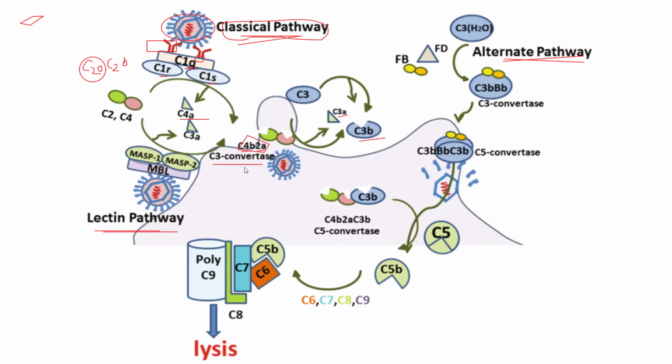C3a acts as an anaphylatoxin, and C3b combines with C4b and C2a to make another enzyme, C5 convertase.